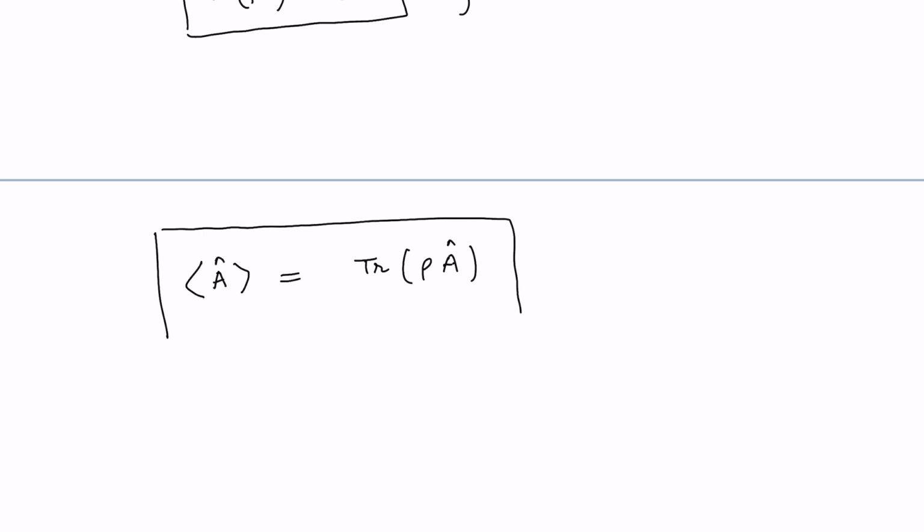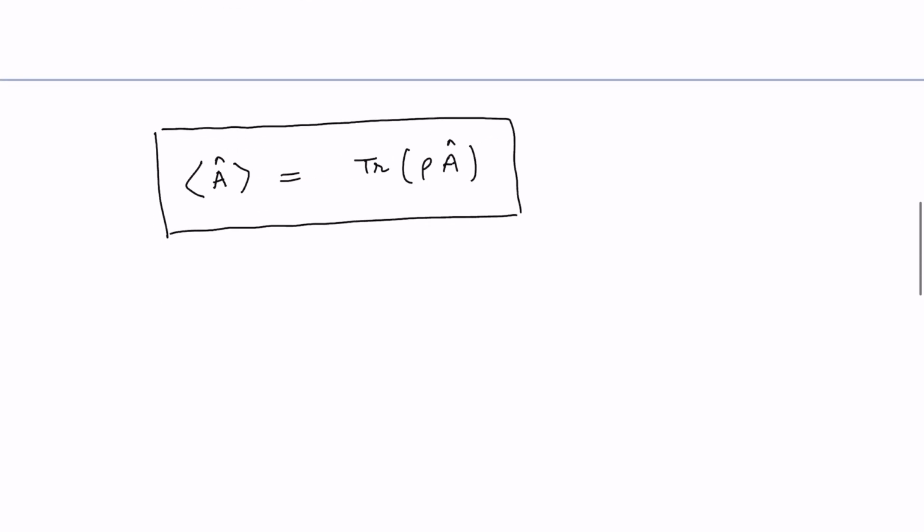Let's say operator A: its expectation value is given by trace of rho times A. If you multiply the density matrix with the operator, because the operator can also be represented by a matrix, and take the trace of the product, that gives you the expectation value of the operator. This is very useful in many calculations, as we will see in our problem solving session by doing some examples there.